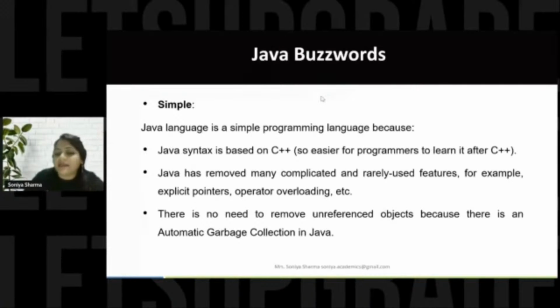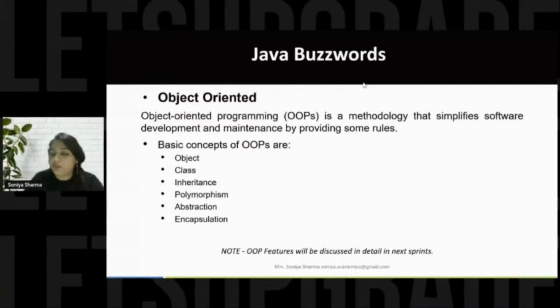As its syntax is inherited from C++, it is easy if you are already aware of C and C++, but that's also fine. If you don't know these languages, you can still understand today's session and begin directly from Java. It's a simple one.